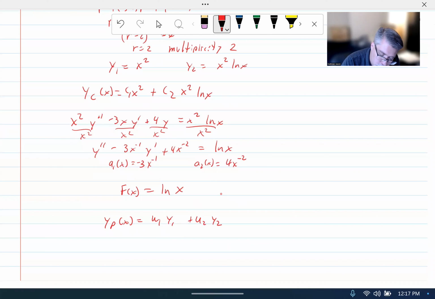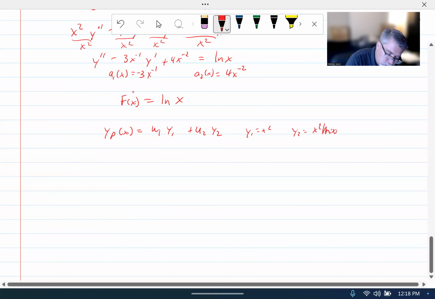Y1 is x squared, and y2 was x squared natural log of x, right?